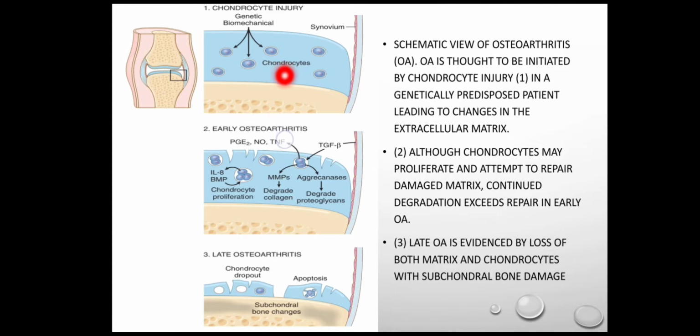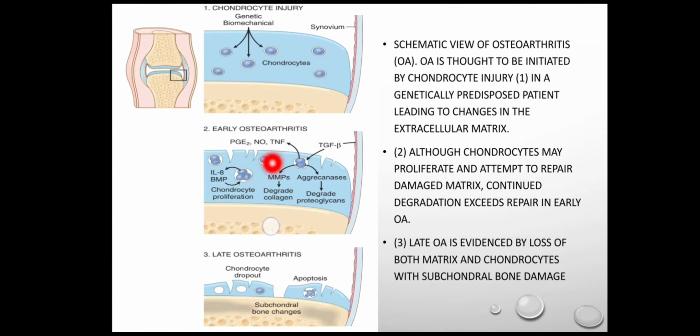So what happens here? They will synthesize in response to any injury to the cartilage by secreting interleukin 8 and bone morphogenic proteins. They will cluster and they will finally mature and try to regenerate the articular surface.